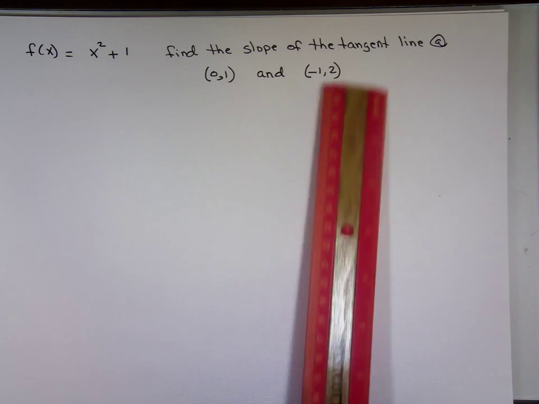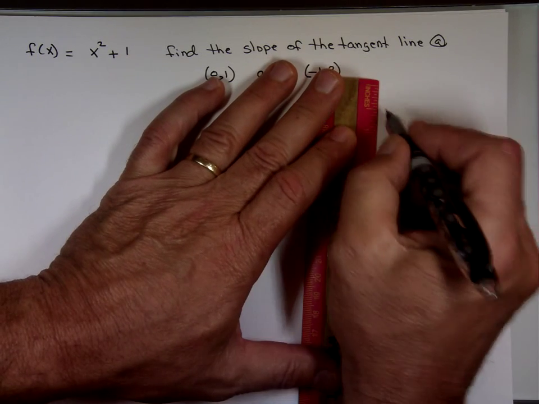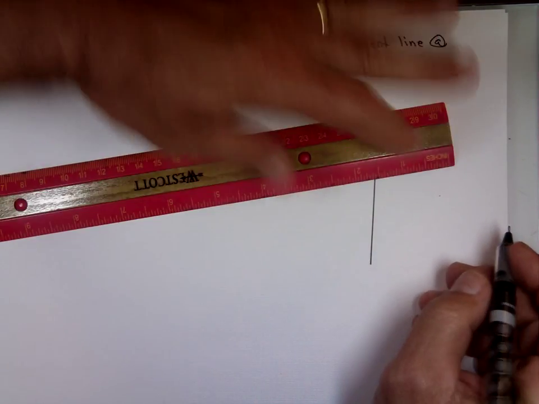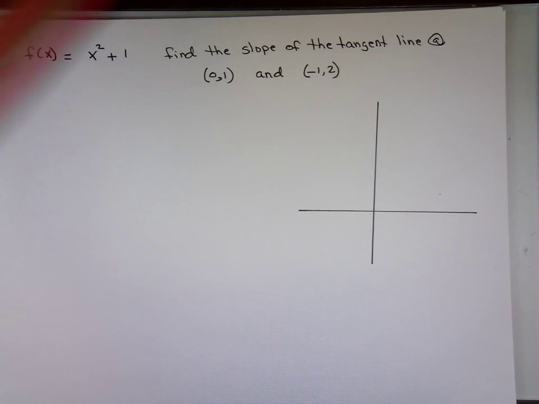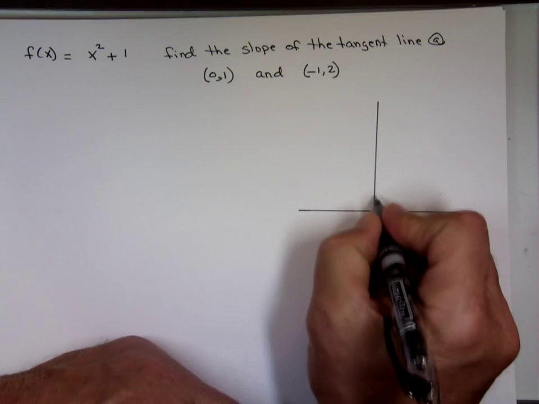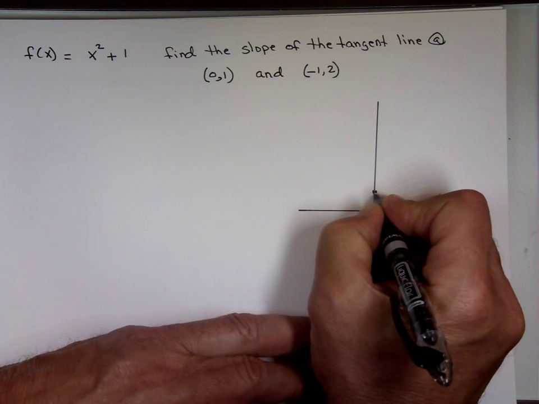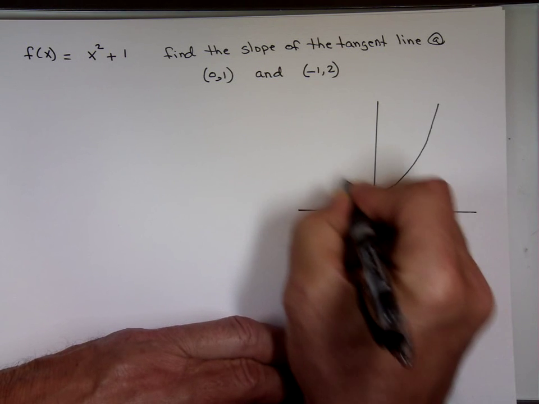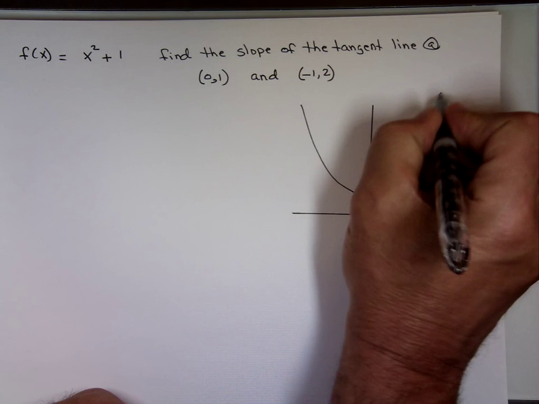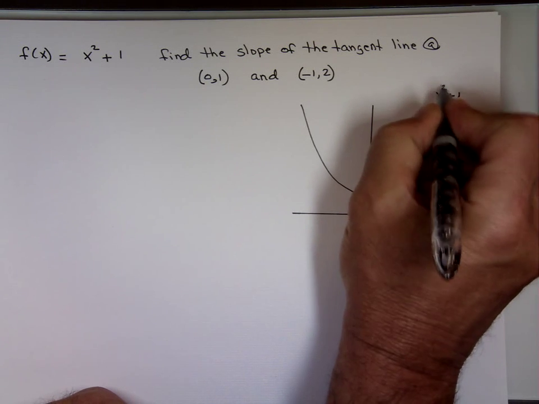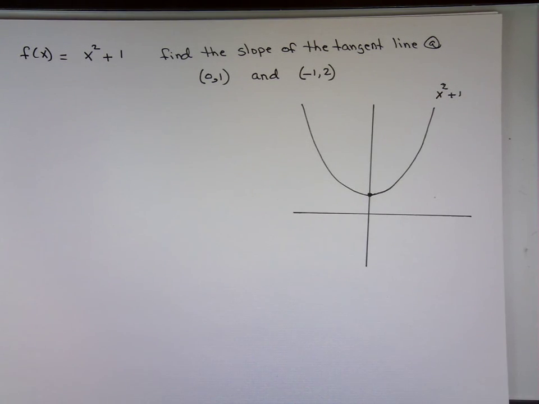If you graph x squared plus 1, x squared plus 1 is a parabola that looks like this. This is x squared plus 1. I want the slope of the tangent line at (0, 1).